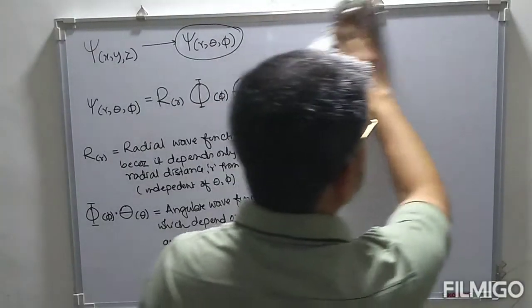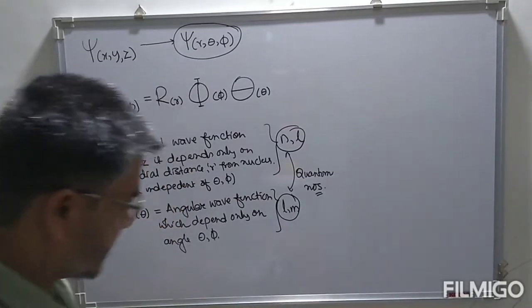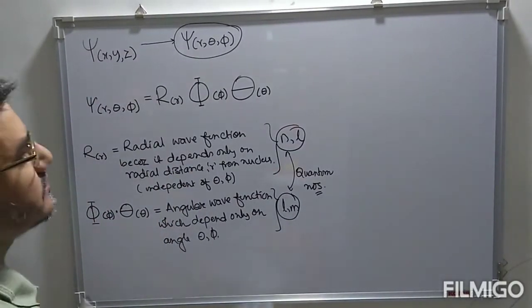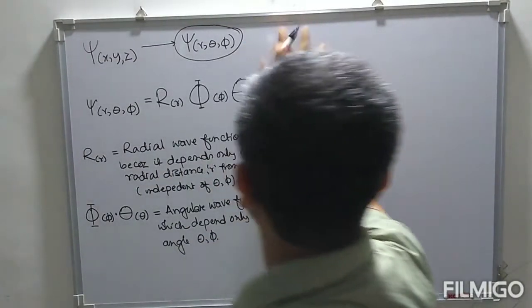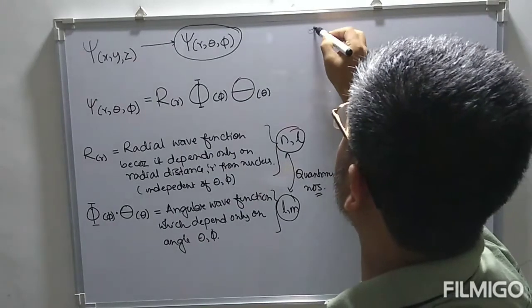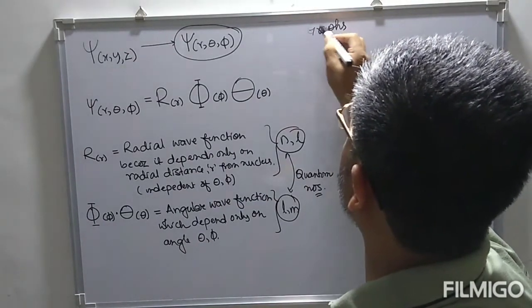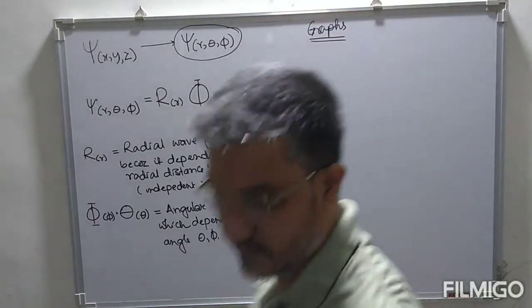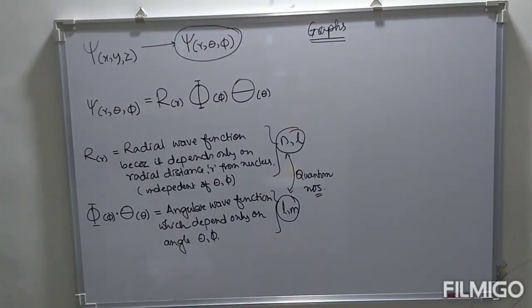So now let me give you some graphs which represent the radial wave function. I'll have to draw this part.